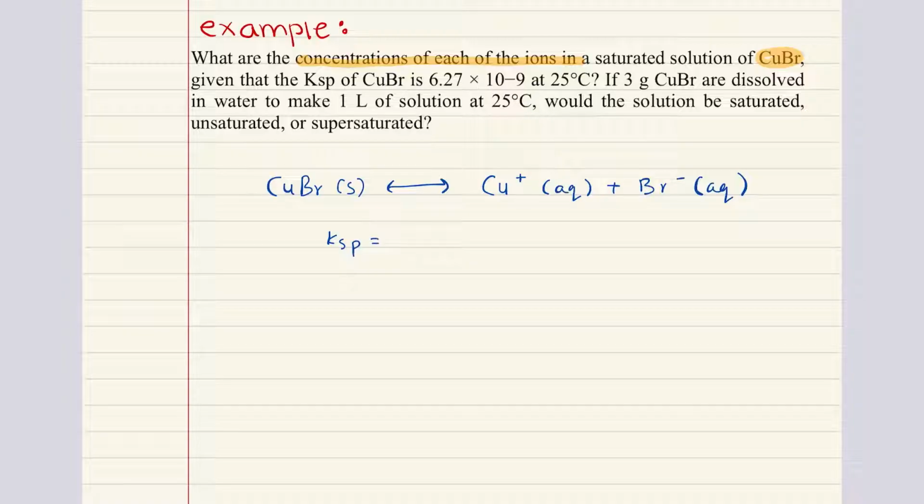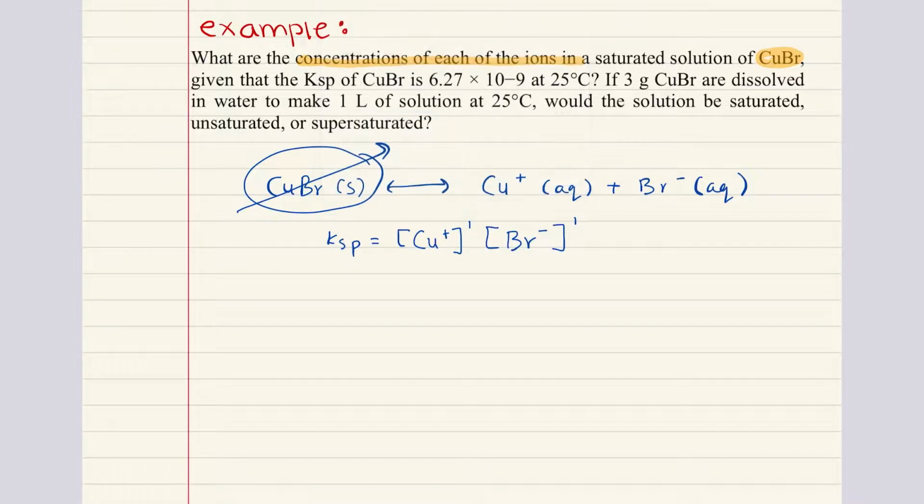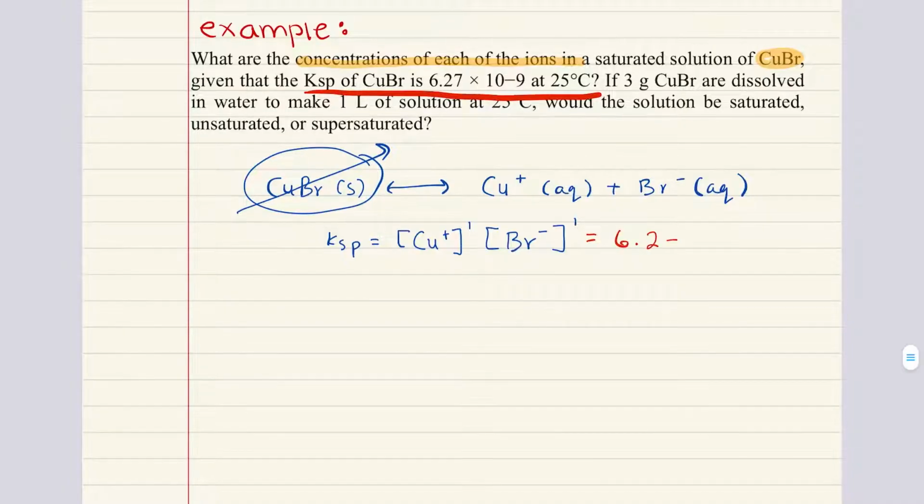It's going to be the concentration of copper plus raised to its stoichiometric coefficient multiplied by the concentration of bromide anions raised to its stoichiometric coefficient. Remember that copper 1 bromide here is not going to be included because it's a solid, and we do not include solids and liquids in our equilibrium constant expressions. Now, we do know the KSP value. It's given to us in the problem. This is equal to 6.27 times 10 to the minus 9.